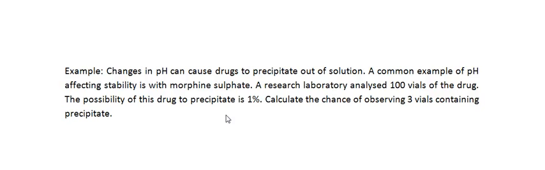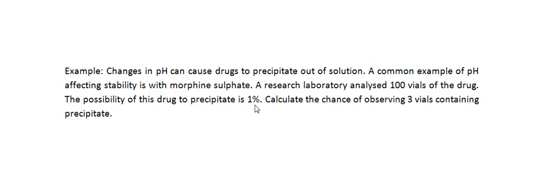Alright. And the fourth requirement is that the probability of success remains the same in all trials, which is true in this case. The possibility of precipitate remains 1% throughout the entire trial. What it means is the probability P of getting a success of precipitate is 0.01.